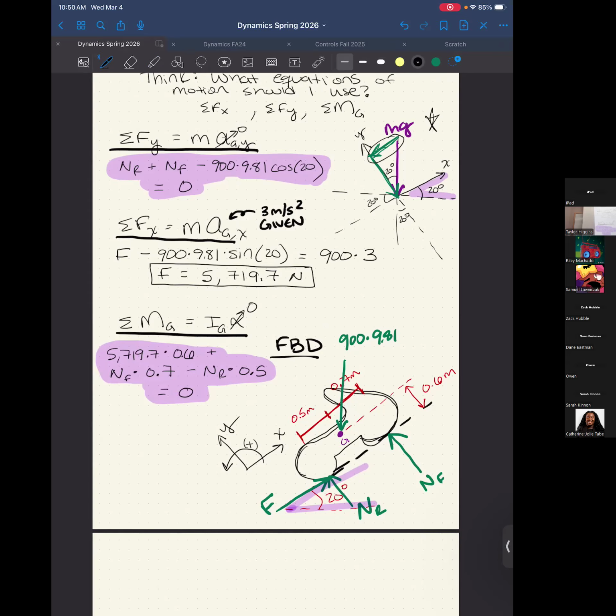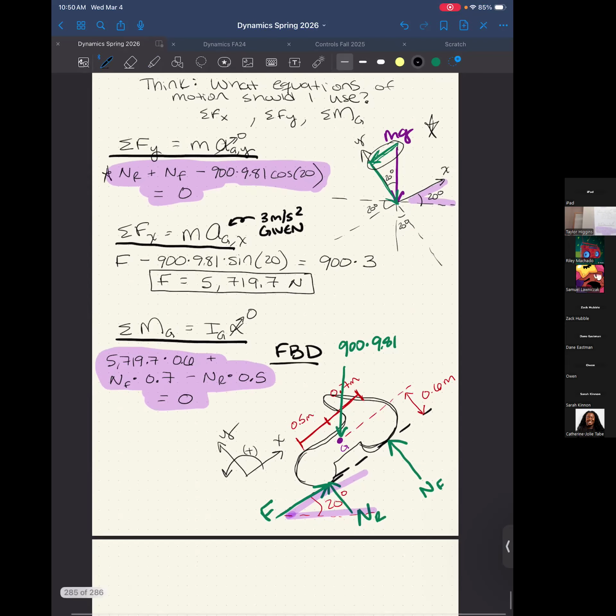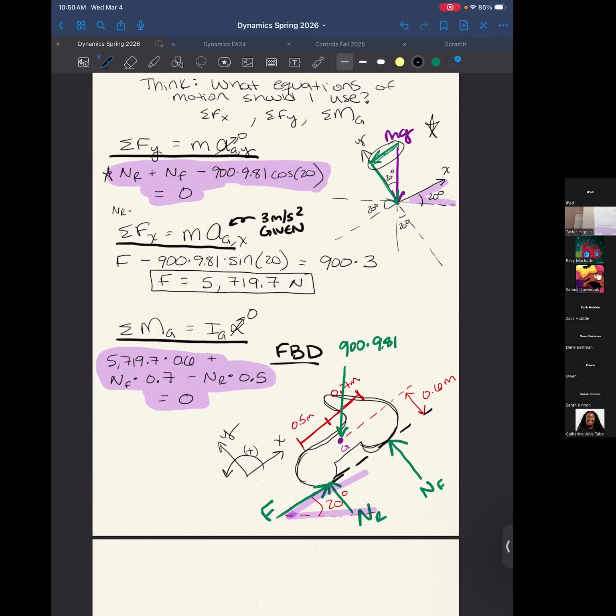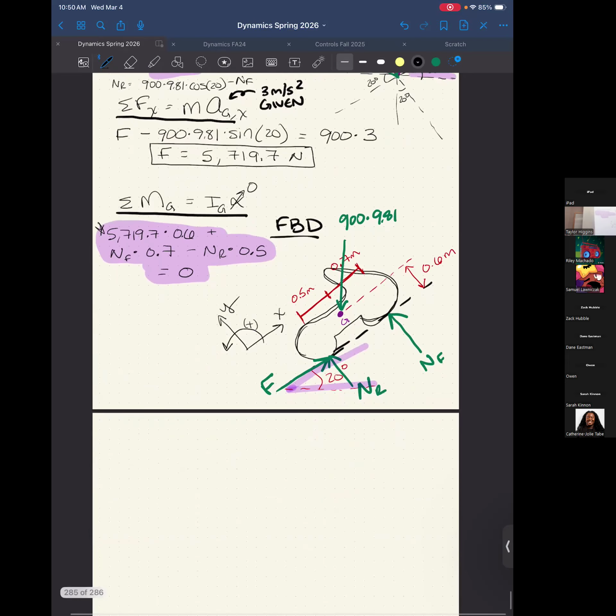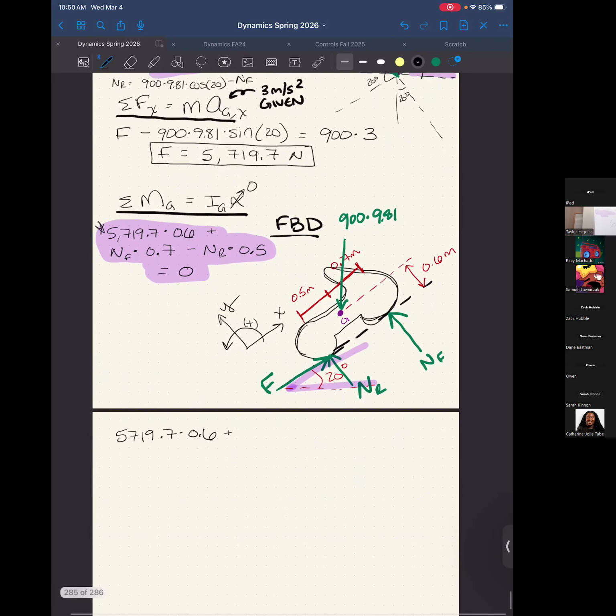So what I did is I went to the sum of forces, the Y equation, and I solved for N_R, and then I plugged that expression into the second equation. So I got 5719.7 times 0.6. Give me a second to plug it in.